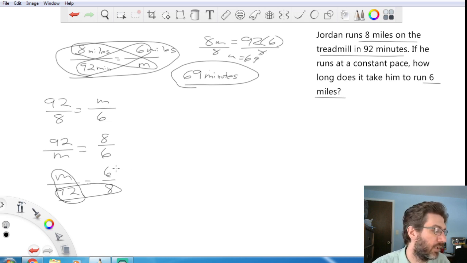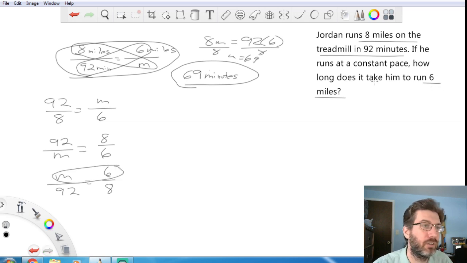You can see that 6 and m are going to match up because they come from the same ratio, 6 being the number of miles you can run in m minutes. And 6 and 8 match up because they're both miles. So as long as things are lining up, it'll work.